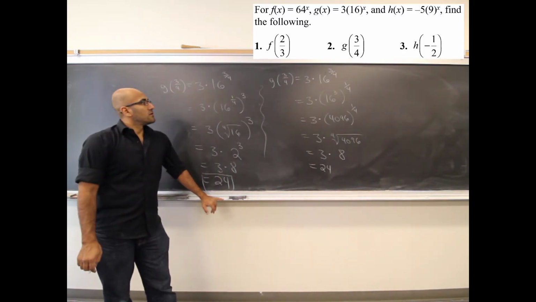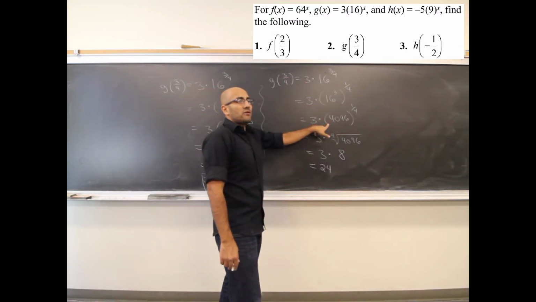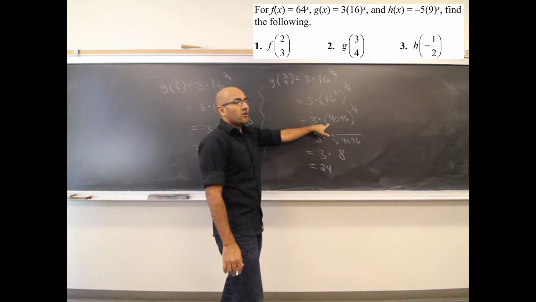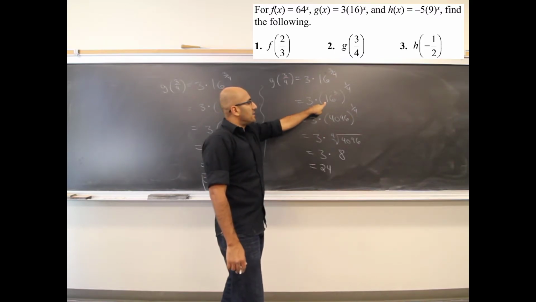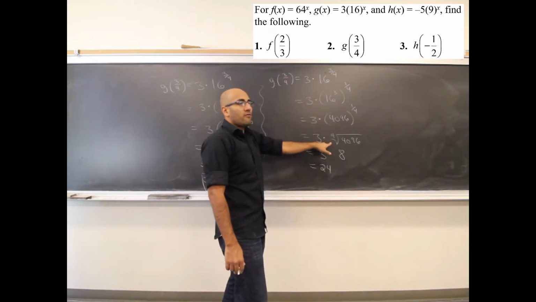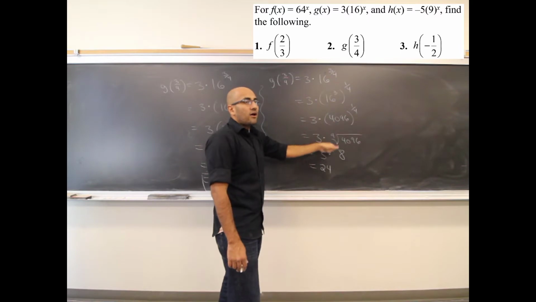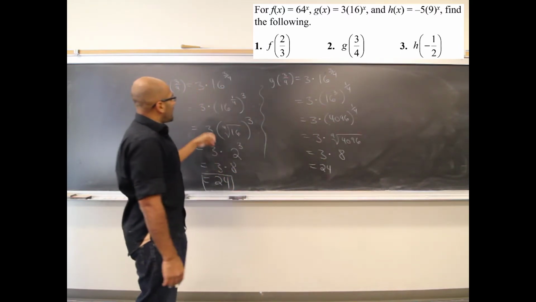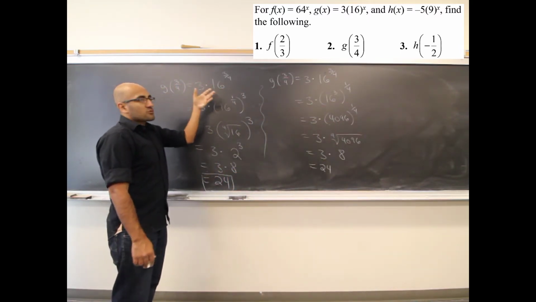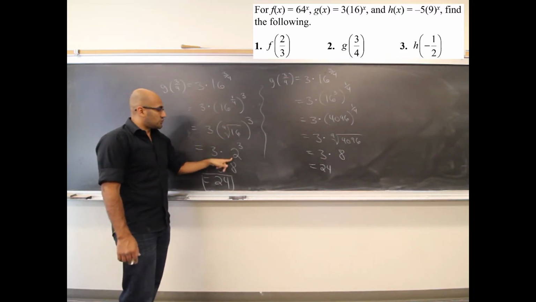Good, good, good. Two paths to the answer. Here you'd have to multiply some stuff. I'm sure you could do it. If there was a task like don't use calculators, that might be a little more difficult, to first of all cube that, and second of all figure out the 4th root. So this might be kind of hard without a calculator. This one's a little more doable, right? The numbers were a little easier. All I have to know is that the 4th root of 16 is 2, and that the cube of 2 is 8.